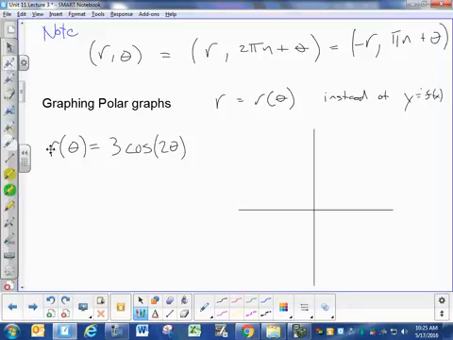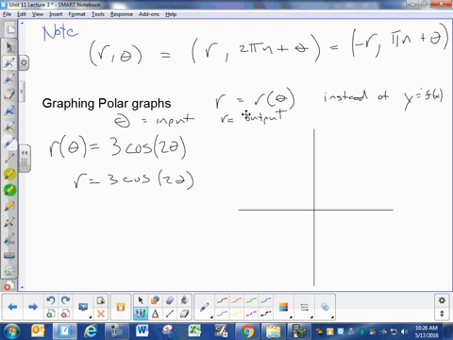So either you can say r of theta is equal to that, or you say r is equal to that. In this situation, for all of our polar graphs, theta is typically my input, and then r is my output. Mostly because it's easy to plug in thetas and get r's. It'd be hard to start with r's and plug in thetas. It could go either way, but typically it's theta as my input, r as my output.